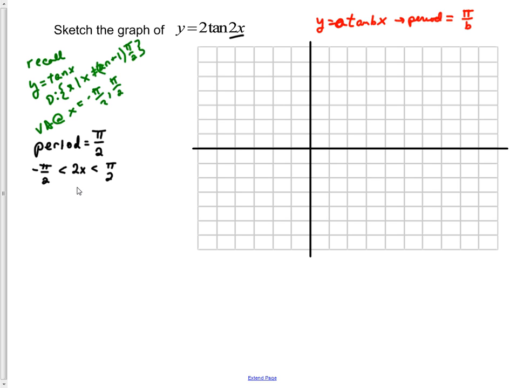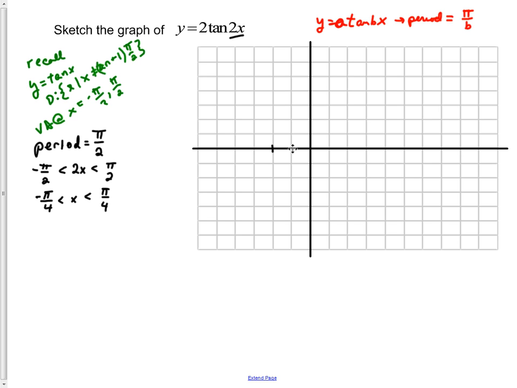So how do we isolate x? We'll multiply both sides by 1/2 and we get negative pi over 4 and positive pi over 4. And those are our new asymptotes within one cycle of the graph.